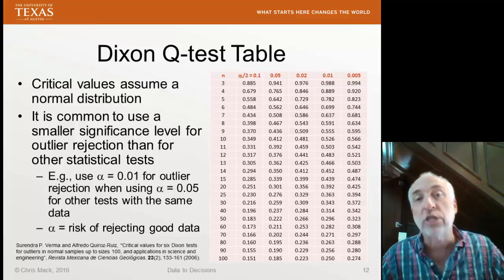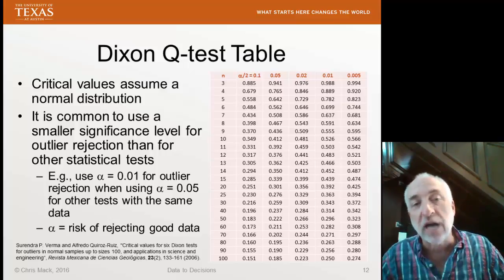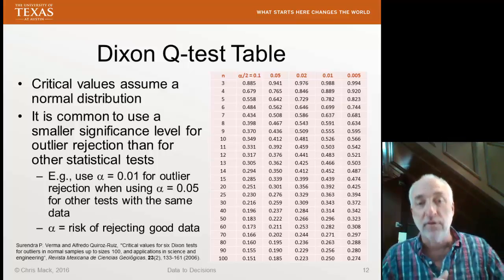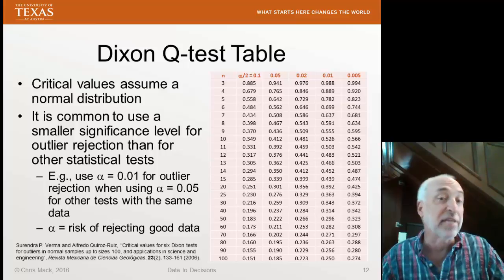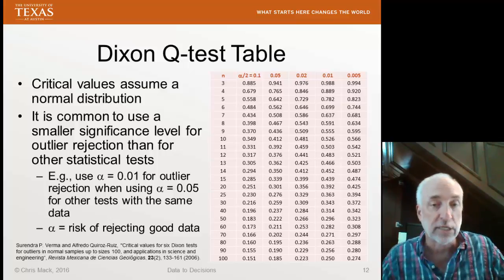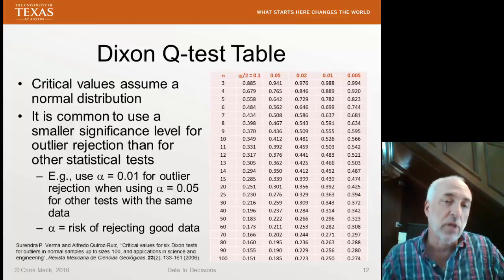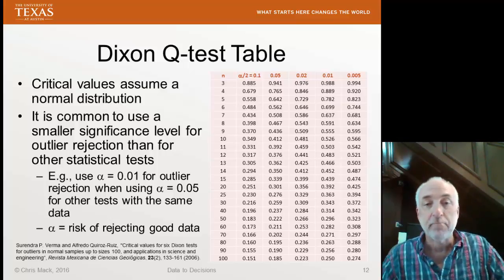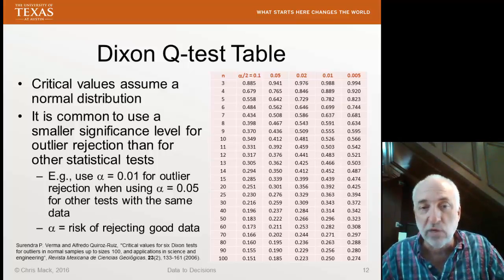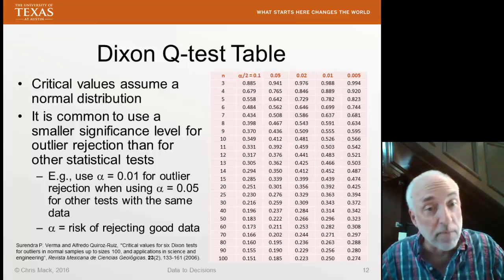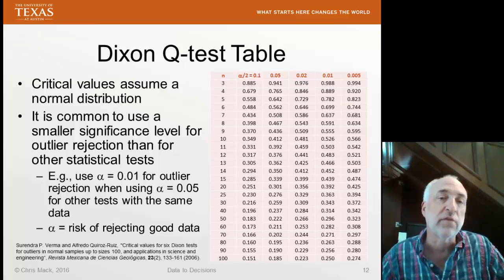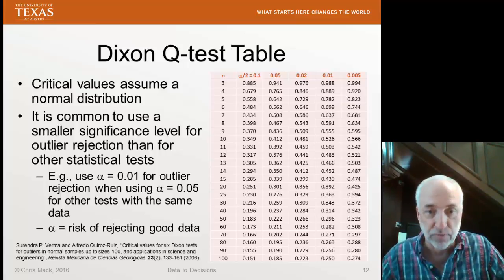Well, when you do outlier rejection, you want to make sure that you use confidence intervals that have a much more extreme alpha than those for the rest of your data analysis that you do after you've rejected your outliers. So for example, an alpha of 0.05 for your normal data analysis, you would want to use something more like alpha 0.01 for purposes of outlier rejection tests.